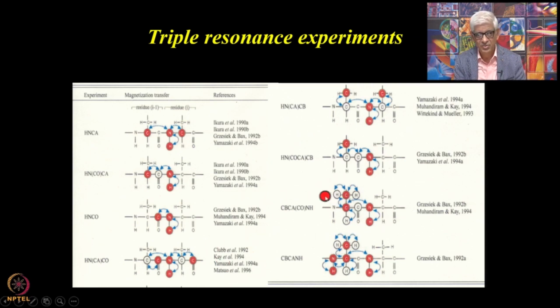Okay. The way you start and where you end will determine the way you design your pulse sequence, whether you want to start from the alpha proton or the beta proton or from the NH protons, and where you would finally come back and detect it. But ultimately you always want to detect on the amide protons. In this particular experiment you see two amide protons here.